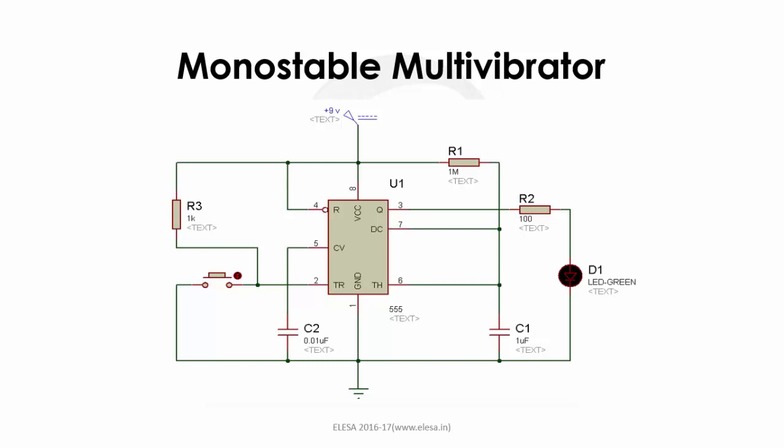But when we supply a trigger through the push button, it changes state and remains in that state for as long as its RC time constant, which can be calculated from R1C1. And after that determined time interval, it again comes back to its stable state.